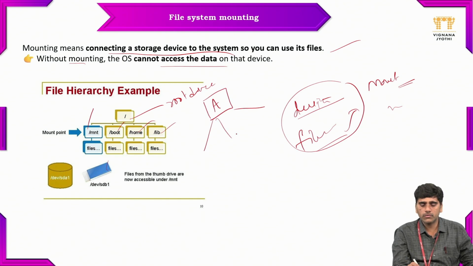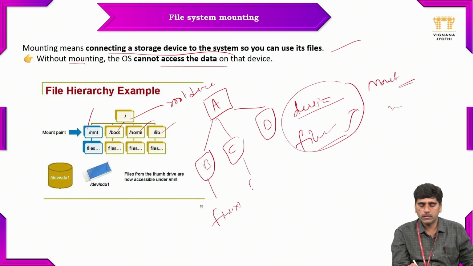In this A, I am creating B, C, D as directories or folders. In the B folder I am creating file1.txt, in the C folder file2.txt, and in the D folder file3.txt. So the files from these mounting points we can access.